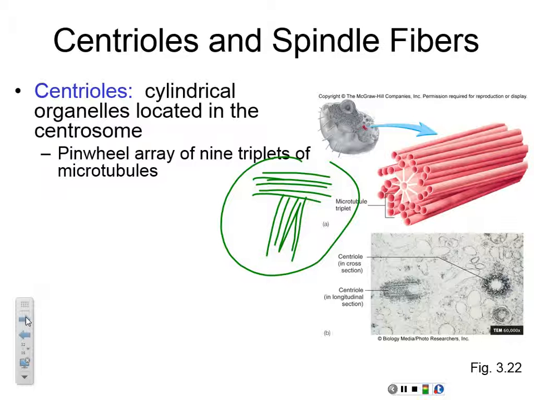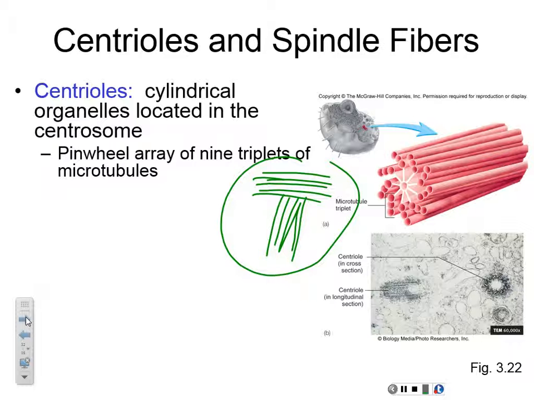Why do you find these tubulins and these proteins, these centrioles, right by the nucleus? What happens? What do they do? What's the purpose of those rod-shaped proteins? The centrioles. They move the chromosomes at the cell division, right? Those are the spindle fibers. They make up the spindle fibers that will, at the centromere, hoist all those chromosomes in line.